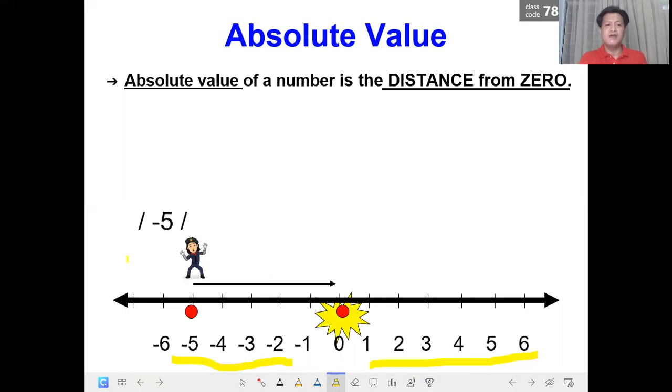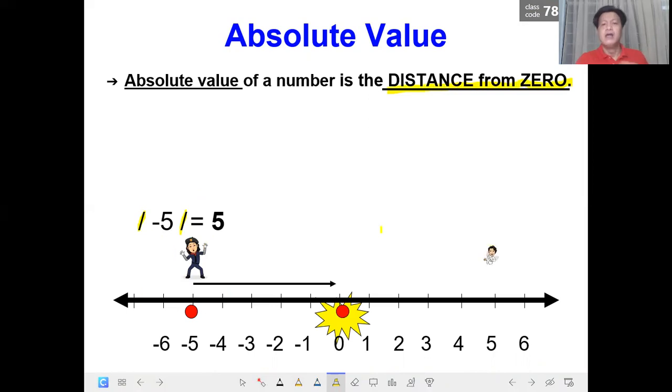So we have this absolute value. Ang tawag po sa symbol na ito ay absolute value of negative 5 pag binasa ko to. And if we are going to get the absolute value of negative 5, kung mapansin natin yung ilan yung nilakad ni Bitmoji from 0, that is 5. Yun yung distance na sinasabi po dito sa ating definition, magmula sa 0.